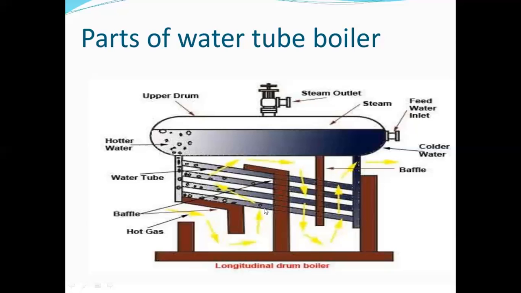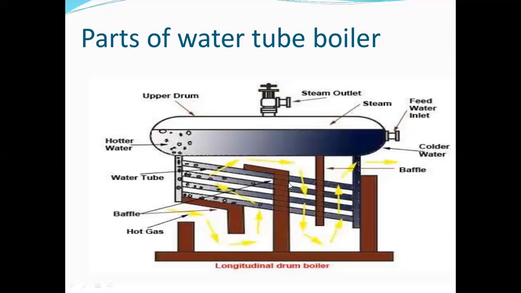The hot gases from the furnace pass around the tubes. These yellow arrows show the hot gases. Because of the baffle plates, the hot gases do not flow straight; they flow like this, as the arrows show.